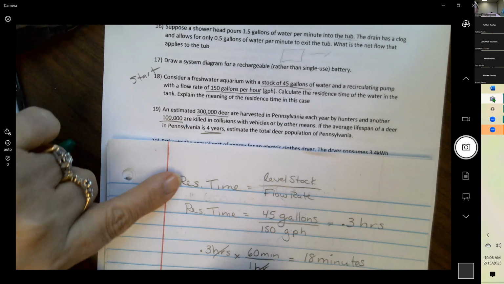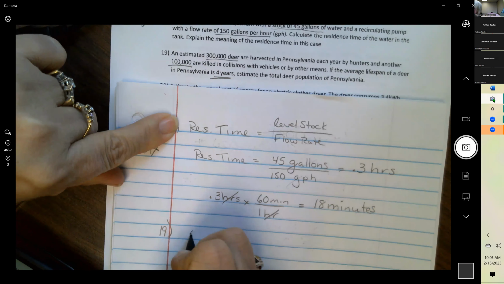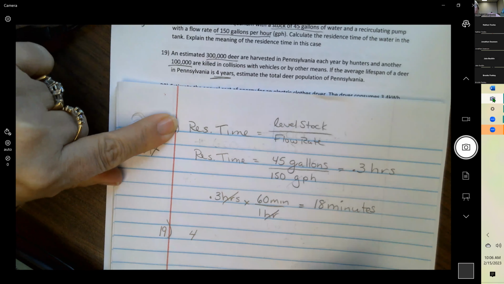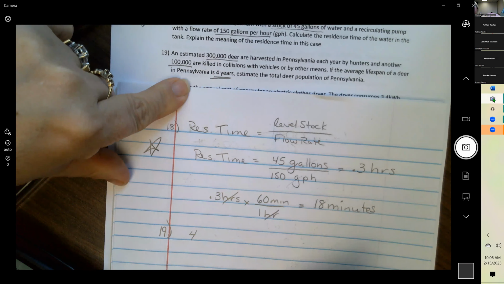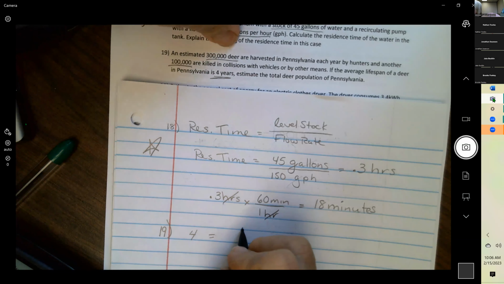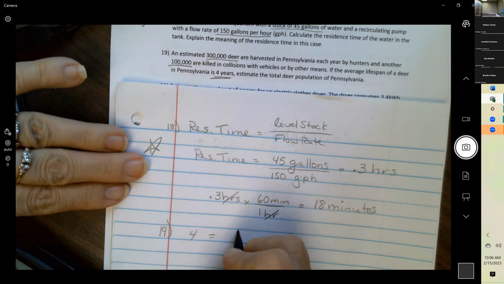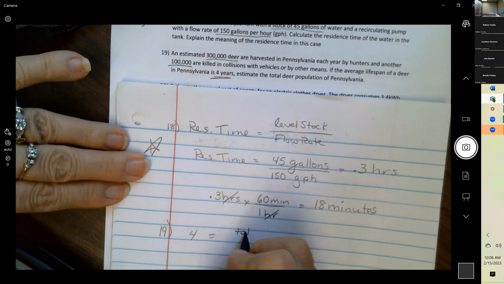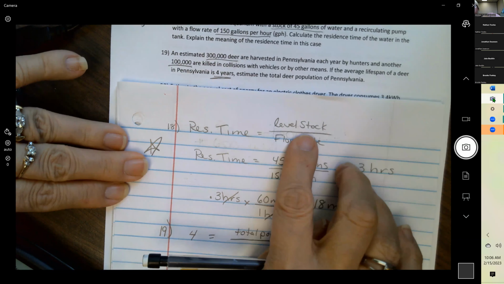So using the same formula, the residence time, a deer lives for 4 years in this Pennsylvania section. And we want to know the population. That's the level of your stock.